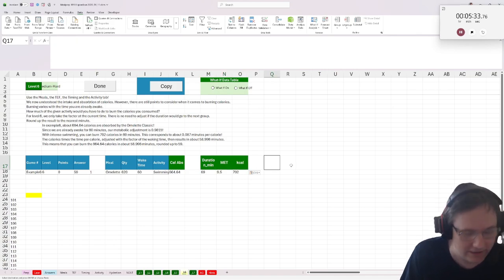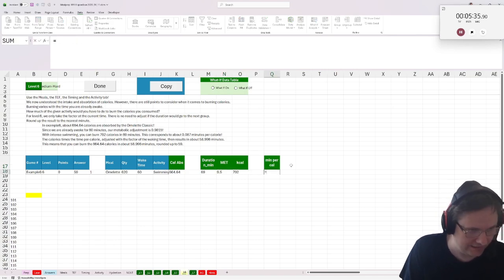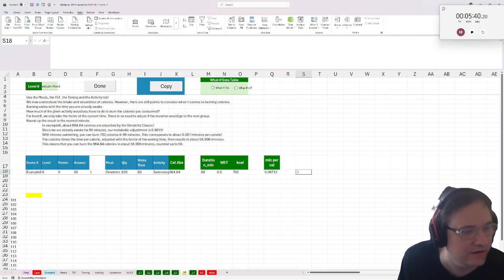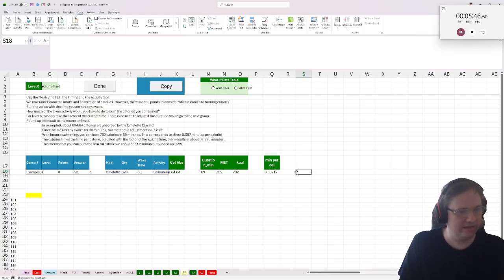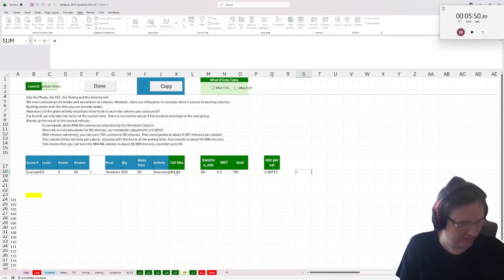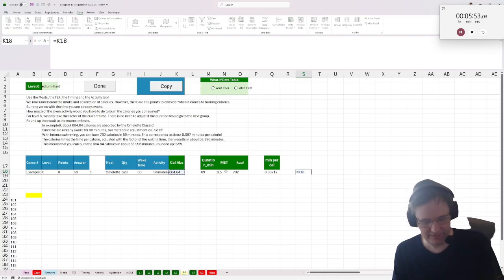For this one, what I care about is minutes per calorie. So minutes divided by the kilocalories there is that. So how long do I have to go to absorb that much?